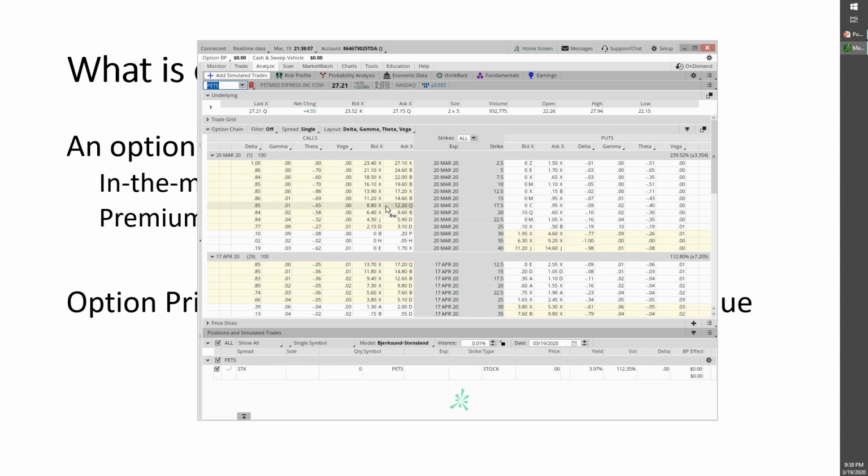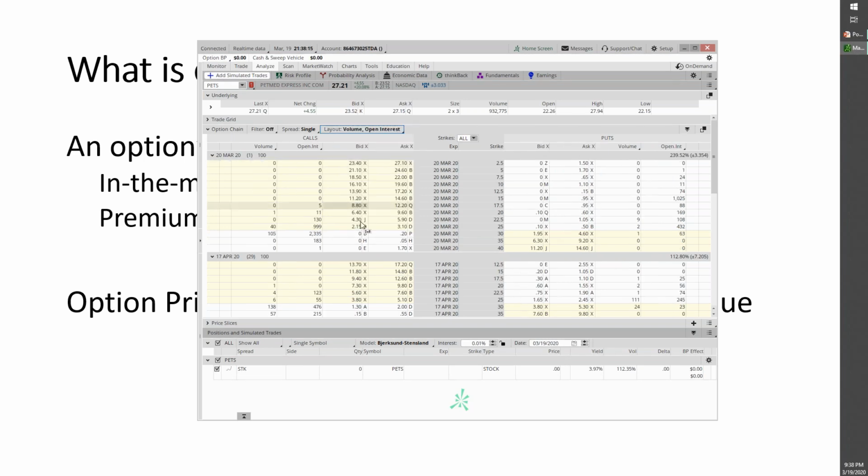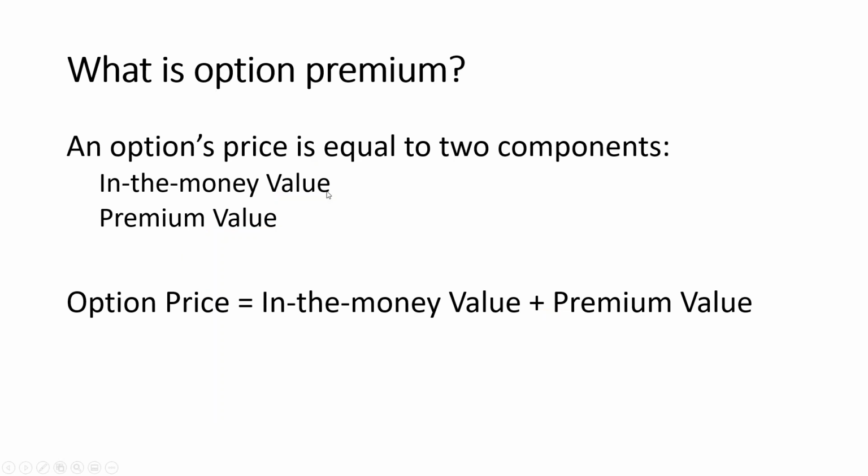When I look at one of these option prices, what I know is that even though the price is about $2.75, that price is actually part in the money and part premium. It's not all just the option price. There's 2 components in every option price.